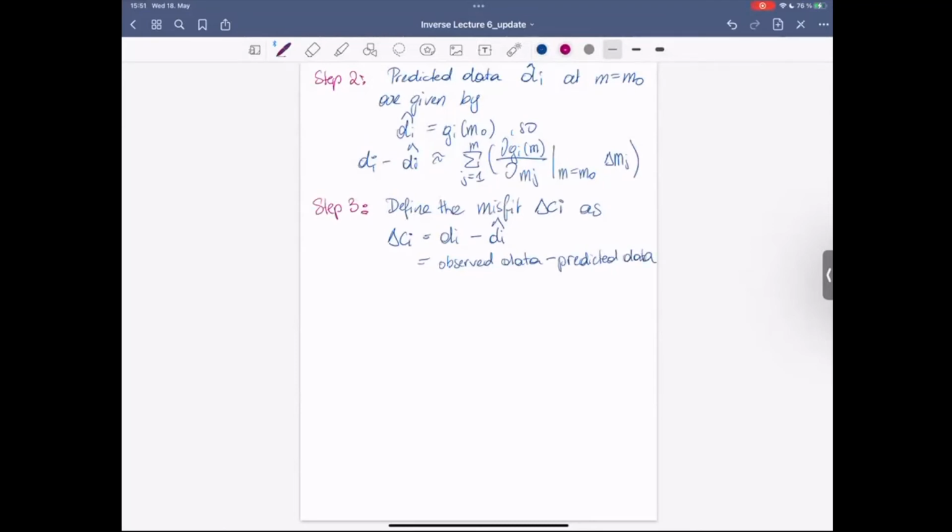Okay, now we're getting closer to the end of the steps here. We define the 4th step for linearizing the nonlinear problem. We define now gij equals the first order derivative of gi of m with respect to mj at m equals m0. And in the last step, we combine everything that we have gotten so far.